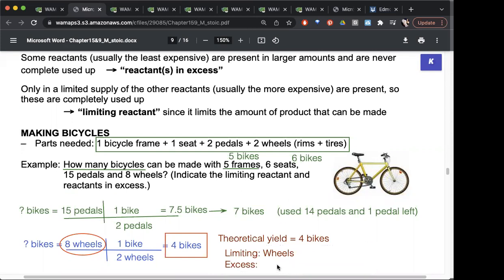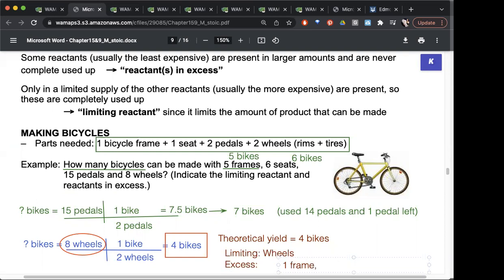Now, if we want to find out how much, we will have to do a subtraction step. So when we made 4 bikes, we used 4 frames. That means we're going to have 1 frame left over. 5 minus 4 frames left over.